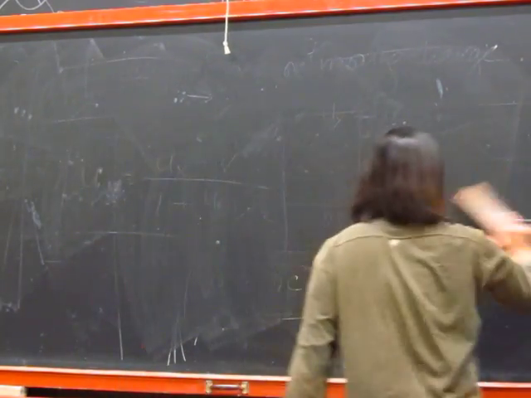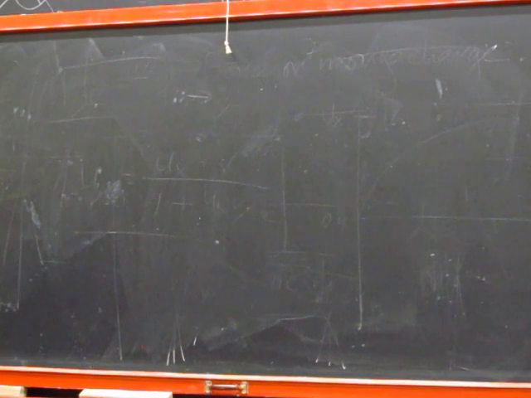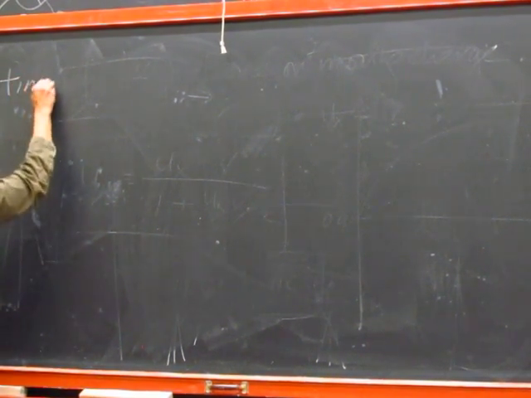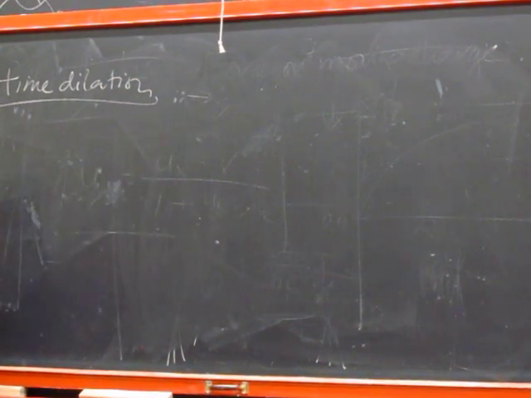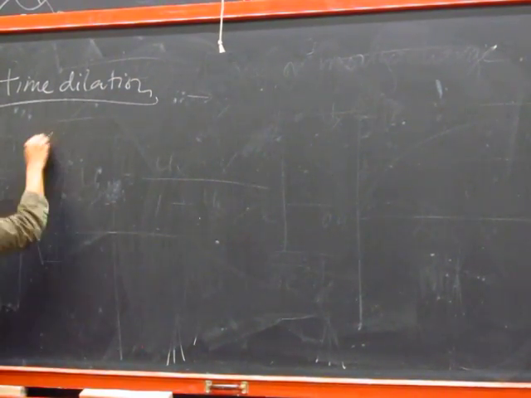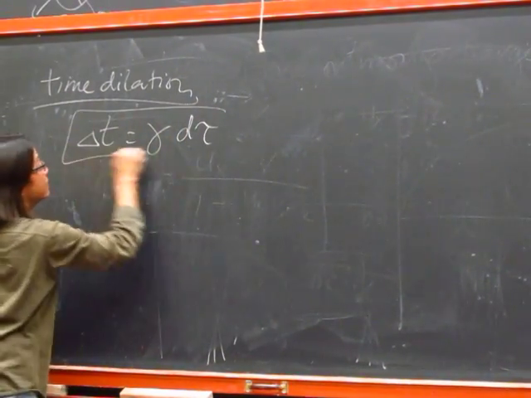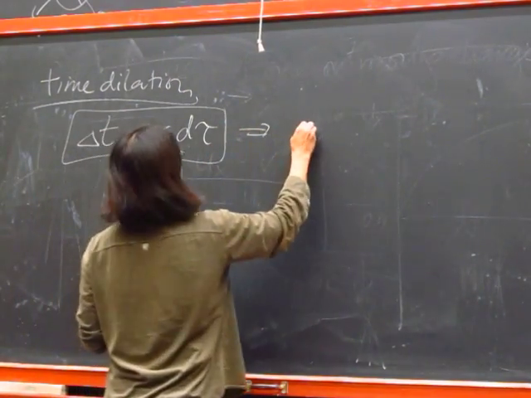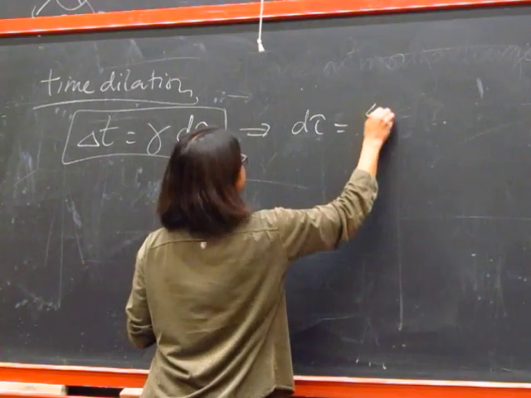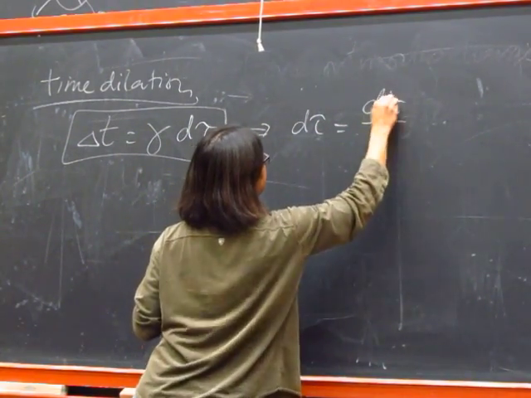We'll do a lot more of that in 7C. But remember time dilation. According to you, according to Charlie, delta t is gamma tau. Or to write it again, tau is just delta t over gamma.